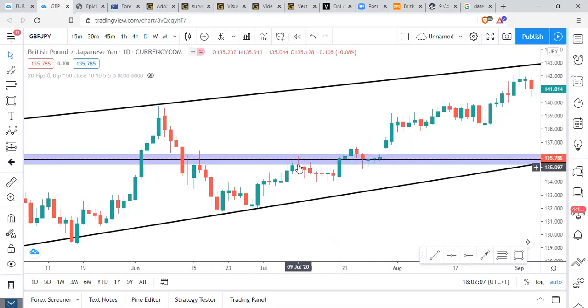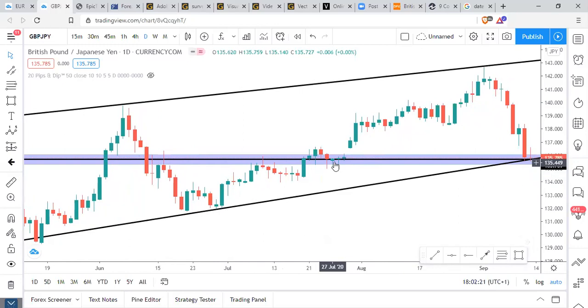Now look at this small thing here. This is what we call a hanging man or inverted hammer. It formed at this resistance. What happened? It sold. Then look at this stuff right here. This is what we call hammer, hammer, hammer, then a doji. What happened? It was bought.